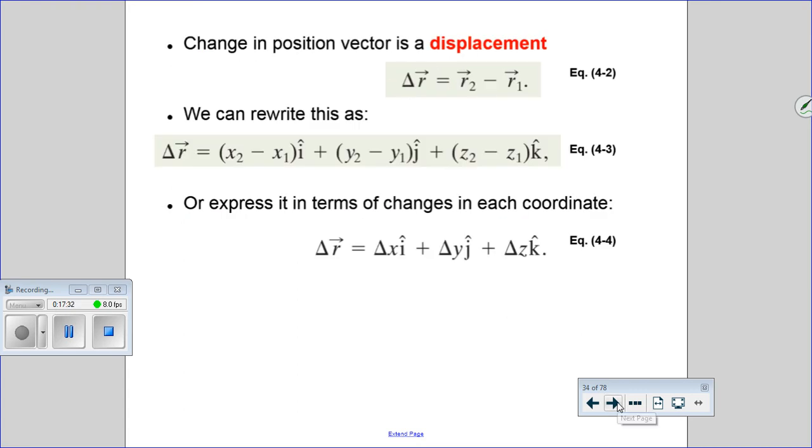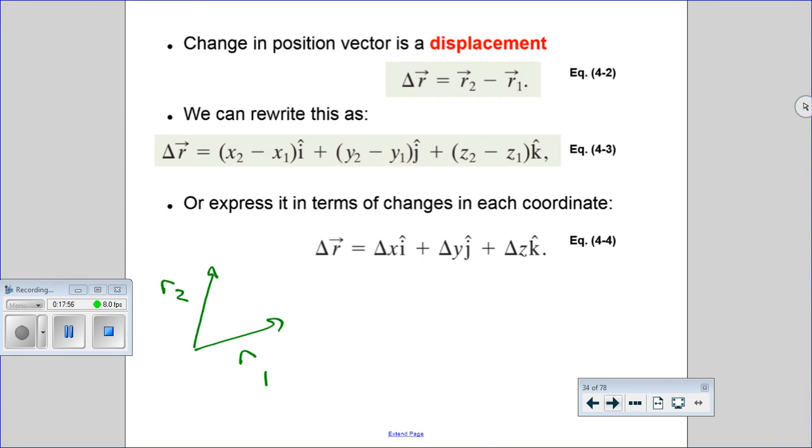Yeah, I think this is all fairly intuitive. So basically what this is saying is, if I've got R1, and then I've got R2, then this vector here represents my change in position. Right? Because then my initial plus my change equals my final.